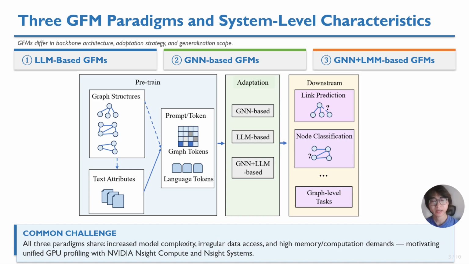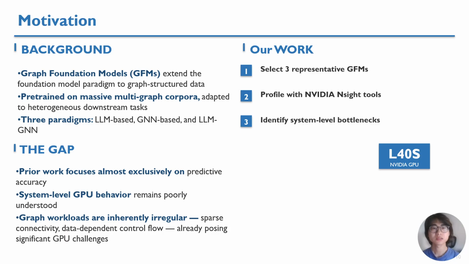All three paradigms share a common challenge: increased model complexity, irregular data access, and high memory and computation demands. On the background side, GFMs are pre-trained on massive multiple graphs and then adapted to heterogeneous downstream tasks.